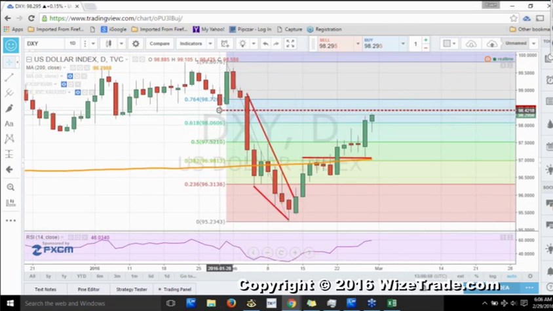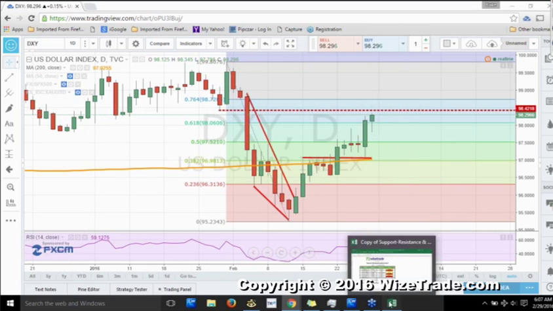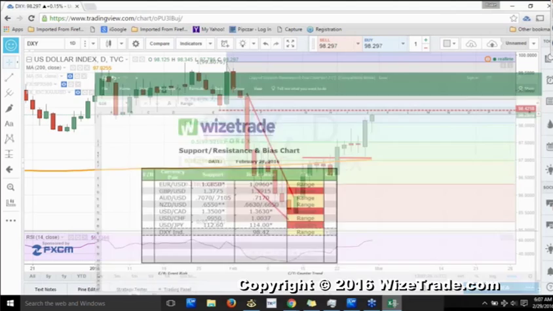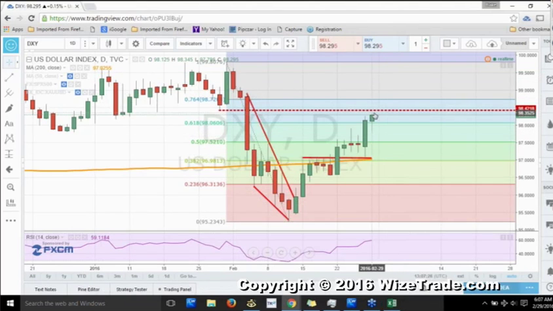That low is at 98.42. Basically 98.40 is going to be previous support, current resistance. We're getting up there. We're in a big range, making our way up to the range.